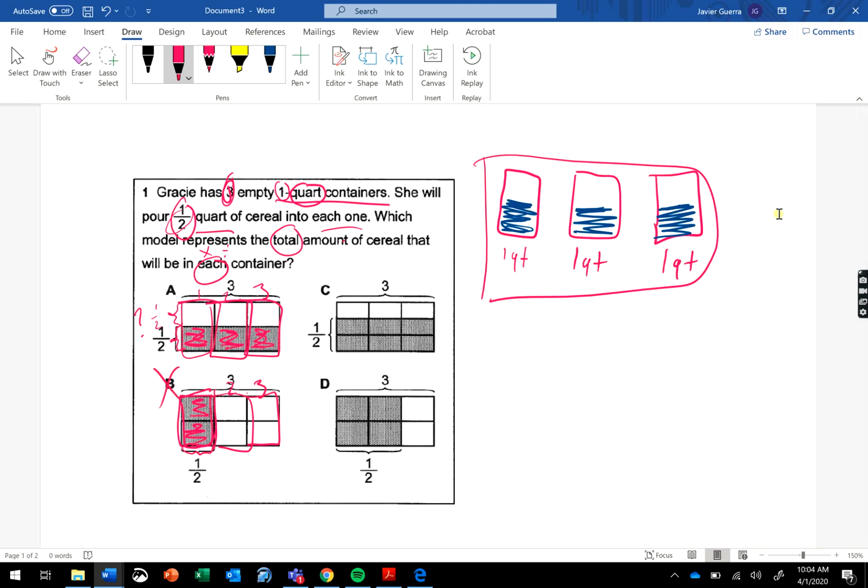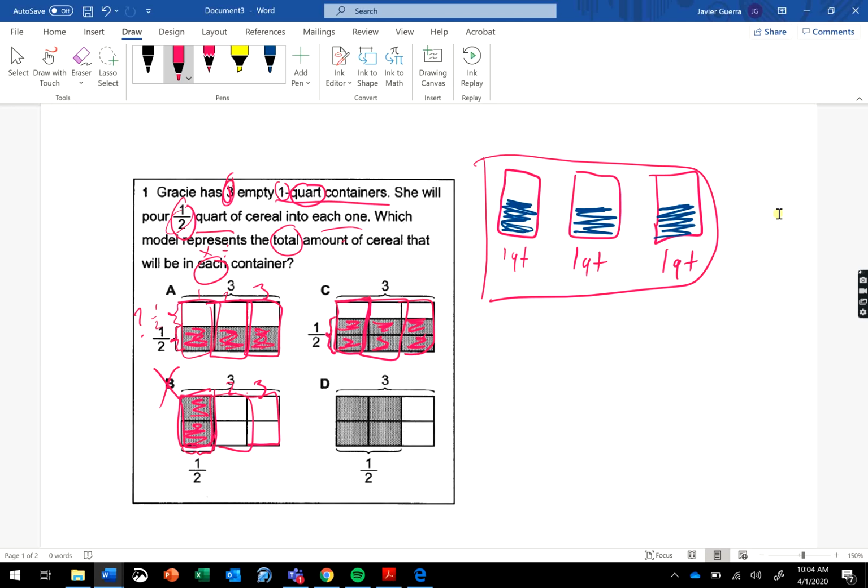We go to C. Again, notice that there are 3 containers. And looking at our symbol here on the side, it tells us that 2 squares, right, is considered a half. So this is 1/2, this is 1/2, and this is 1/2. Notice up here, it's only given us 1 square.